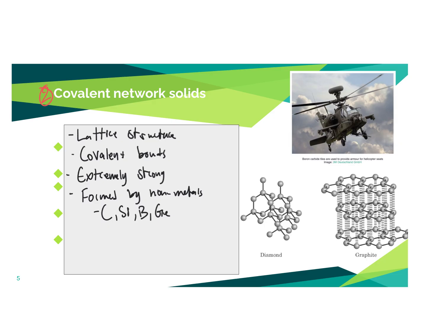Those will typically form covalent network solids. These, again, have a high melting point, high boiling point, and they do not conduct electricity. Which makes sense, right? We don't have ionic bonds, we have no ions, we have no charges. It should not conduct electricity.